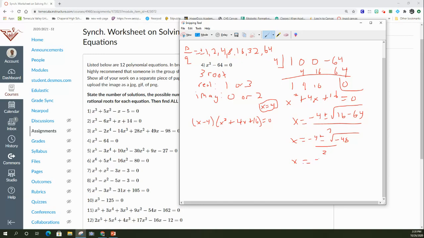So -4 plus or minus, that's 16 times 3, so that's 4i root 3, over 2. Then simplify: -2 plus or minus 2i root 3. Those are two imaginary answers. Combined with my one real rational, that gives me 3 answers. So in this case, it was 1 real, 2 imaginary.